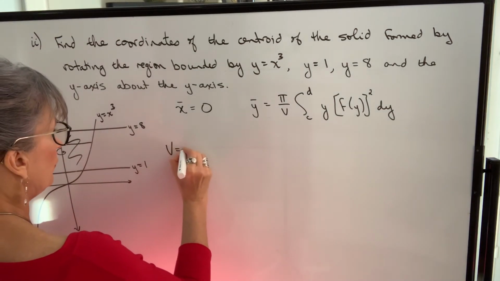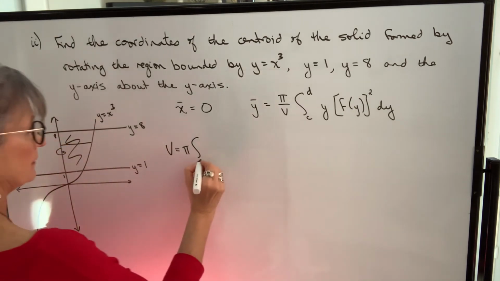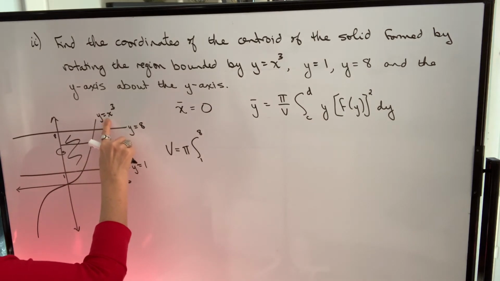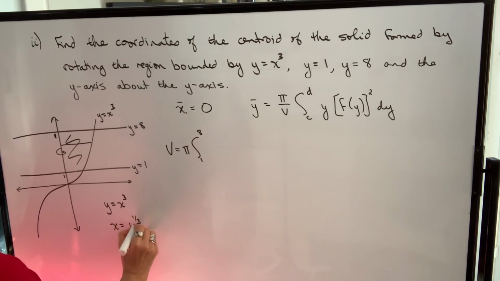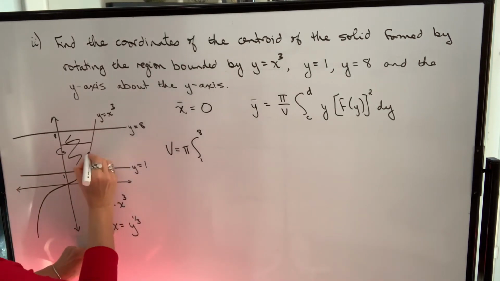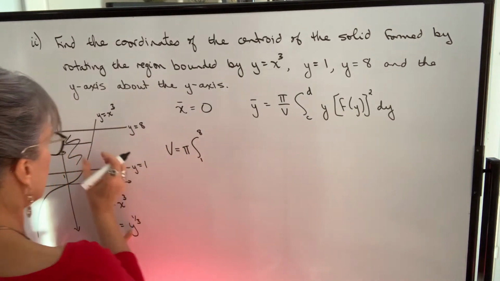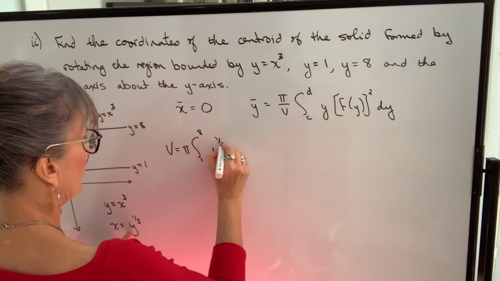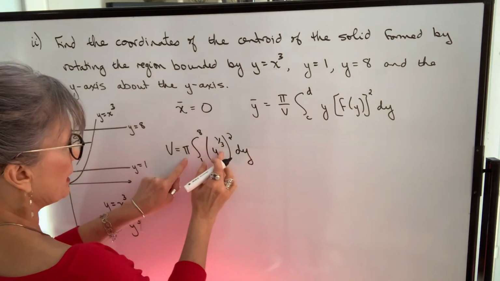So the volume will be pi times the integral from 1 to 8 of, I have to have my function of y. I have a function of x right now, so if y equals x cubed, then x will equal y to the 1/3. That's my f of y, the radius of the disk that's formed. So y to the 1/3 squared times dy: pi times radius squared times thickness.